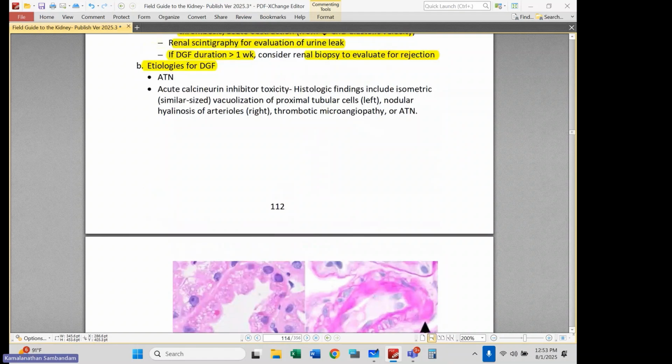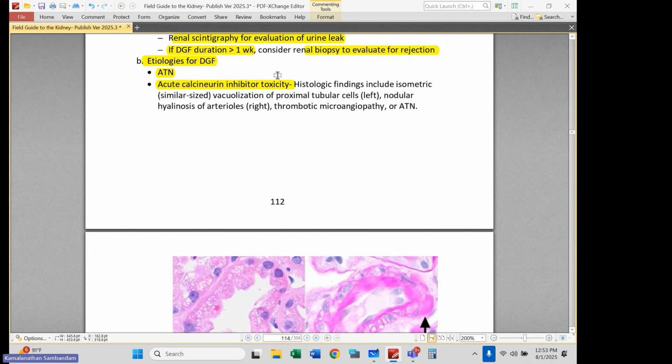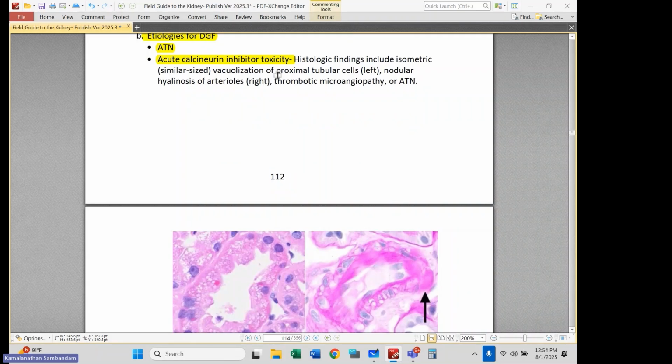Etiologies for DGF include ATN from that ischemic insult, and calcineurin inhibitor toxicity certainly can be a cause for this. You need to be able to recognize in true life as well as in tests the histologic features of calcineurin inhibitor toxicity.